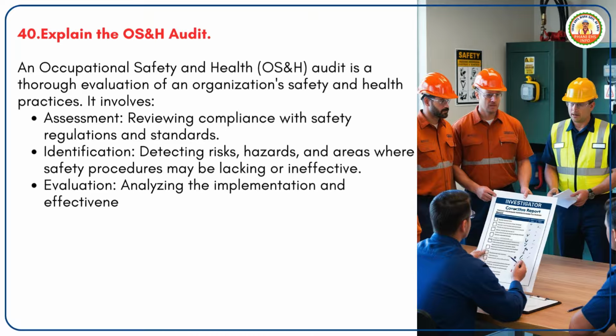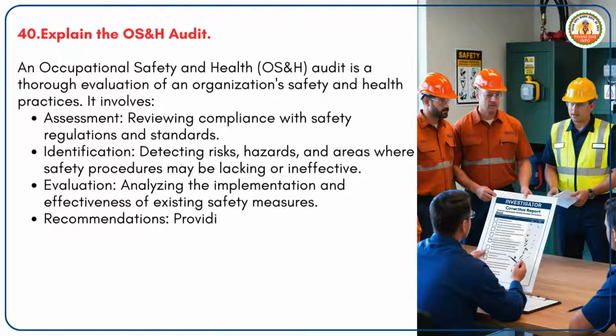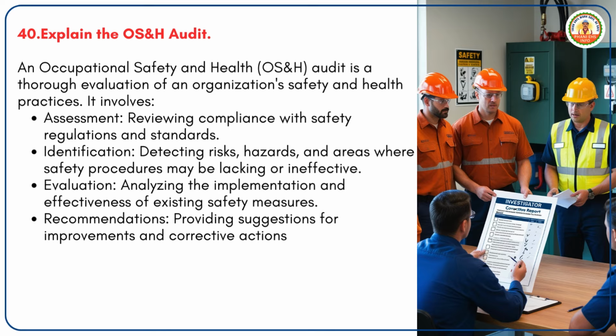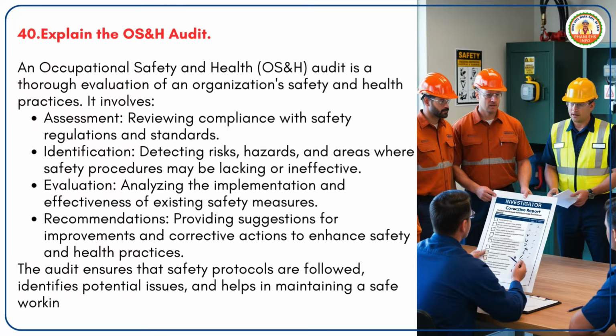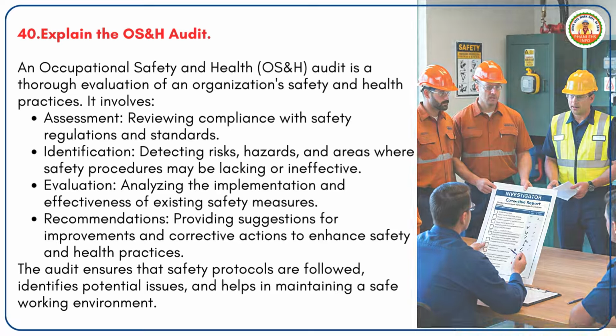Evaluation, analyzing the implementation and effectiveness of existing safety measures. Recommendations, providing suggestions for improvements and corrective actions to enhance safety and health practices. The audit ensures that safety protocols are followed, identifies potential issues, and helps in maintaining a safe working environment.